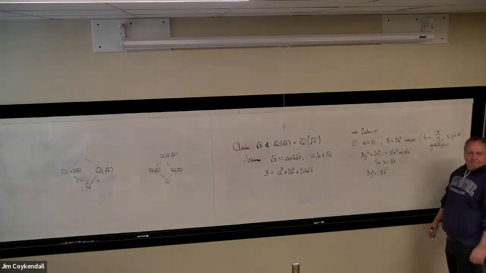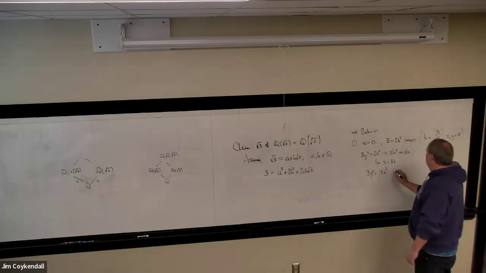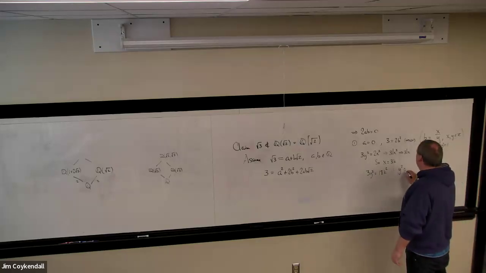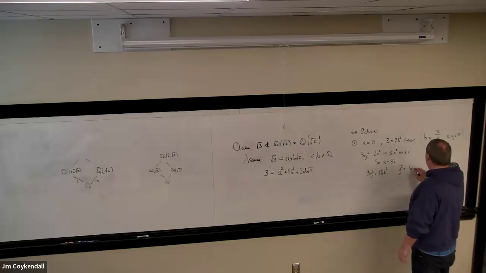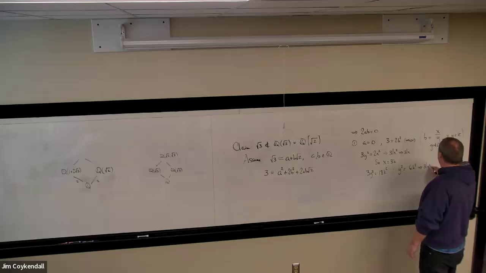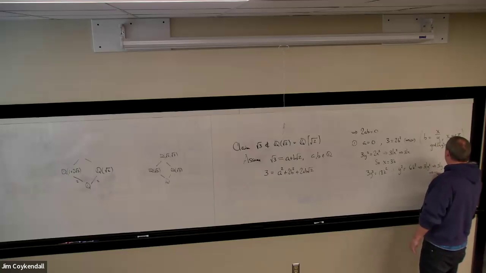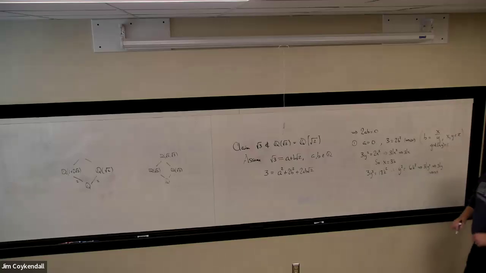Therefore y squared is 6k squared, which implies 3 divides y squared, which implies 3 divides y. And there's your contradiction, because 3 divides both x and y, which contradicts that I can pick the fraction in lowest terms.